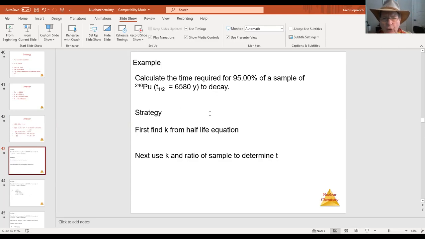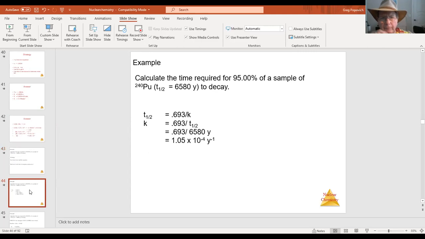So again, first step, I'm going to take my half-life, remember, that's in years, and use that to find k. I'm going to take 0.693 and divide it by 6580 years. That's going to give me my k value of 1.05 times 10 to the minus 4 years to the minus 1.